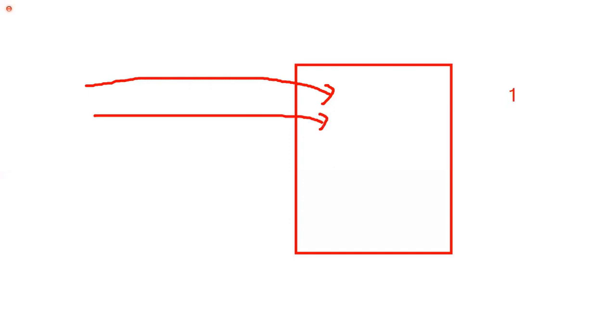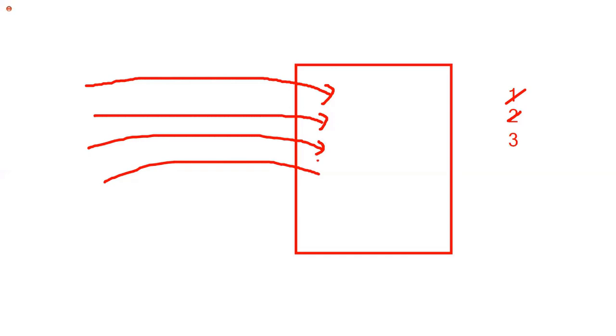Suppose it is a server. One user entered. Now, how many users are there at present? One. One more user entered. How many users are there? Two users. One more user entered. Three.